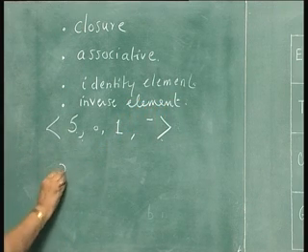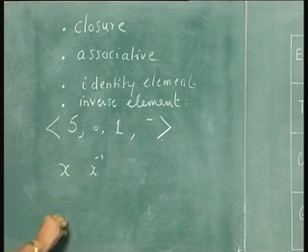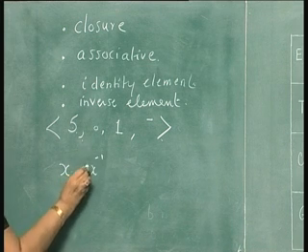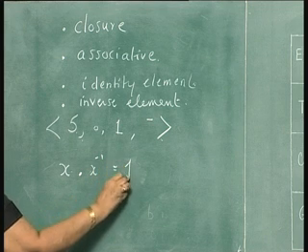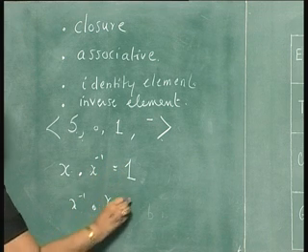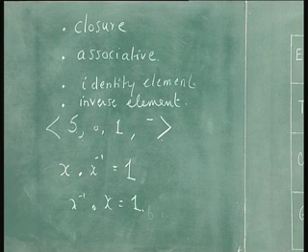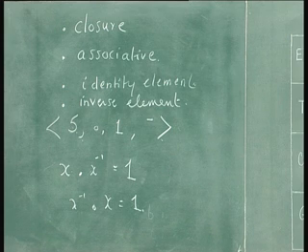So, for each x there is an inverse element x inverse such that x dot x inverse is equal to 1 and x inverse dot x is equal to 1. If each element has an inverse element such that this holds, then this algebra is called a group. So, a group has to satisfy 4 properties.